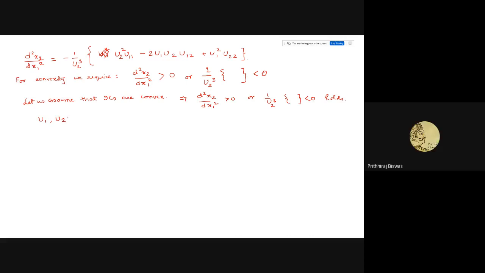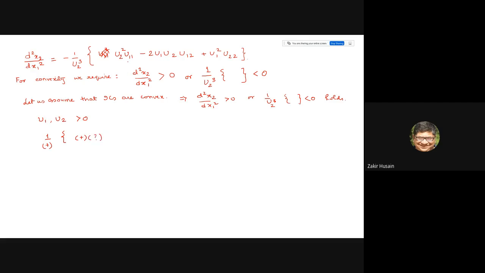They are positive. Marginal utility is positive. So that means if you look at this expression, U2 cube, this will be positive because U2 is positive, and the cube is also positive. Now what is U1 square? It is positive.